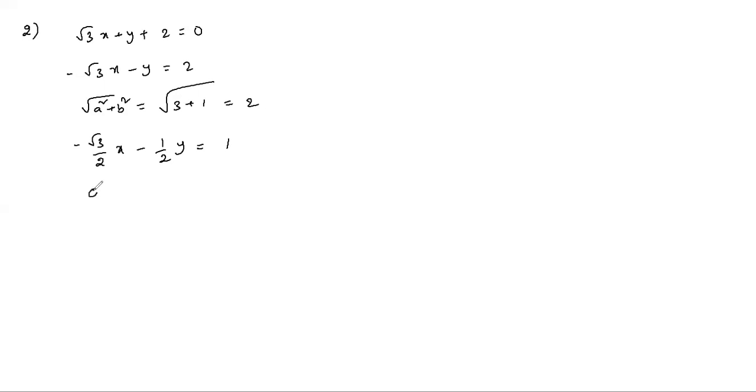Comparing with x cos theta plus y sin theta, cos theta is minus root 3 by 2, sin theta is minus 1 by 2, and the perpendicular distance p is 1. So we have to find theta. Cos negative, sin negative, which quadrant? Third quadrant. In the third quadrant, you write 180 plus, that is pi plus pi by 6, which is 7 pi by 6.